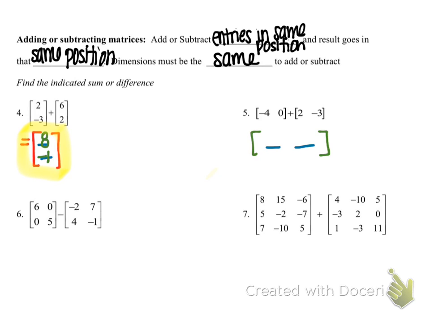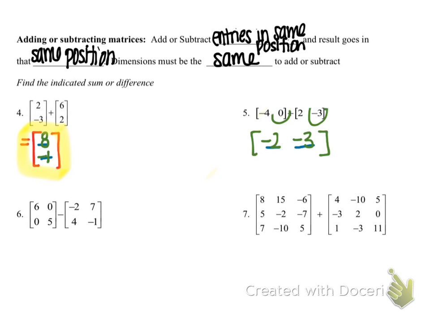So, I'm going to compare the first numbers, the left numbers, right here and right here. Negative 4 plus 2 is negative 2. And now I'm going to compare the second, the right number. 0 plus negative 3 is negative 3.